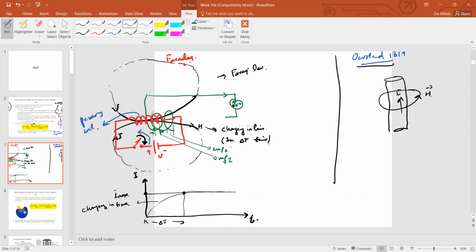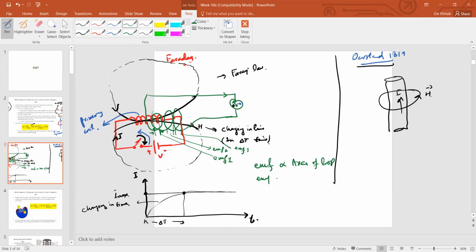This was EMF1, this was EMF2 in the second loop. And then he placed a third loop, and he saw that another EMF3 is produced in the circuit. So then he concluded that the induced EMF is proportional to the area of the loop.